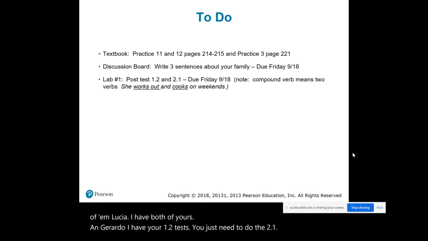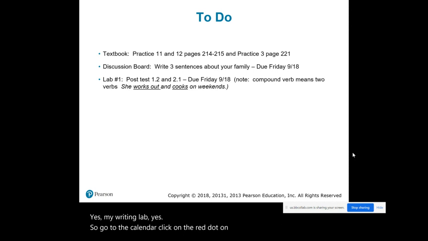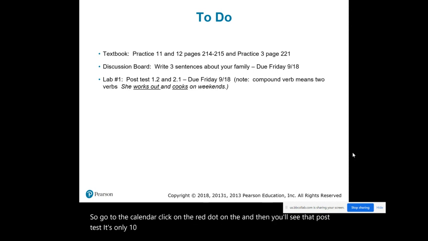Okay, and in the My Writing Lab, yes. So go to the calendar, click on the red dot on the calendar, and then you'll see that post test. It's only 10 questions, okay? Miriam, Alan, Isabel, Carolina, and Soledad, they all still need to do the post test 1.2 and 2.1.